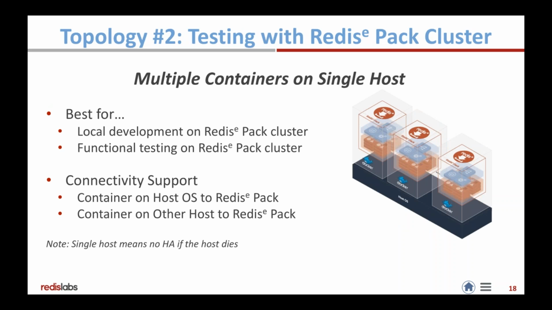Another common topology, I'll call this topology 2, is to deploy the full cluster on a given host. Some of the customers who would love to see the failover behavior and experience the full cluster capability and how we distribute the load would choose to do this.